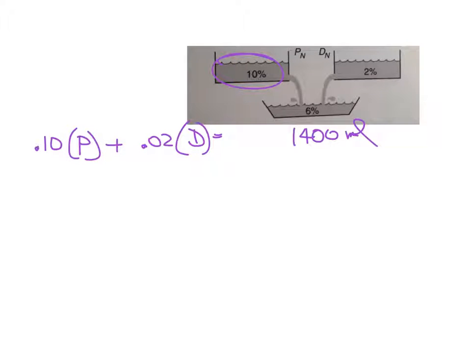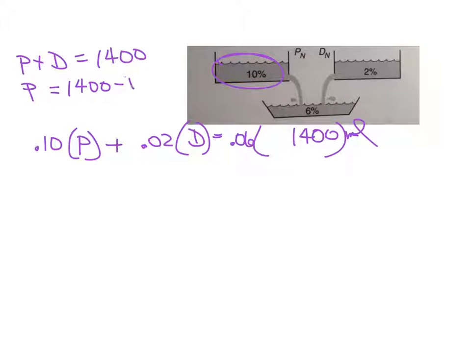And that's going to give us 6% of 1,400. Okay? And we know that the amount we pour in and the amount we dump in is going to give us a total of 1,400, and then we're going to solve for one of them. Okay, so that's what we're going to use.